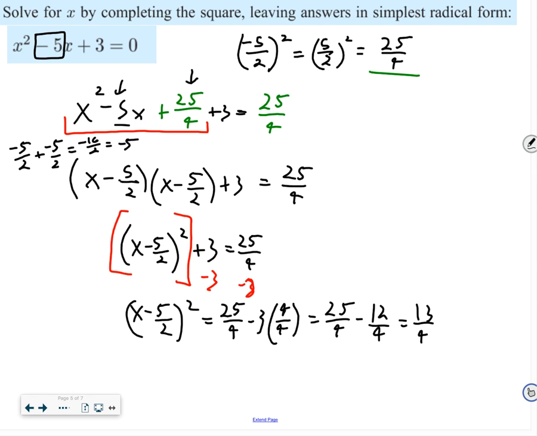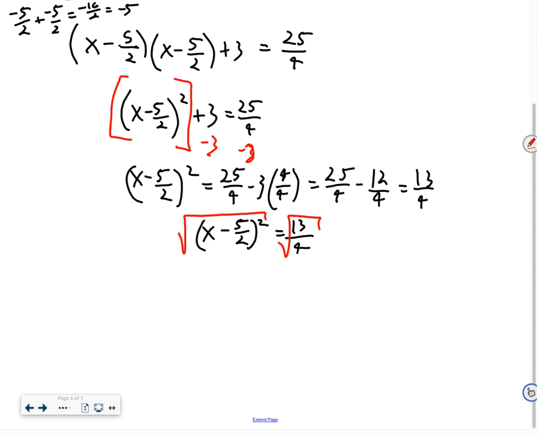At this point, I have x minus 5 halves squared equals 13 over 4. Now that I've gotten it in this form, I can solve by using my square root. So I take the square root of both sides, and I get x minus 5 halves is equal to plus and minus the square root of 13 over 2.